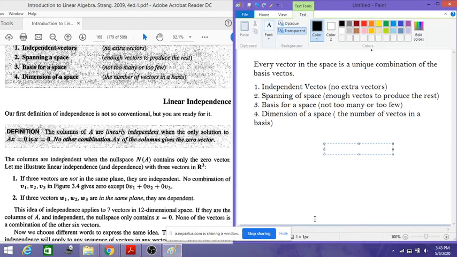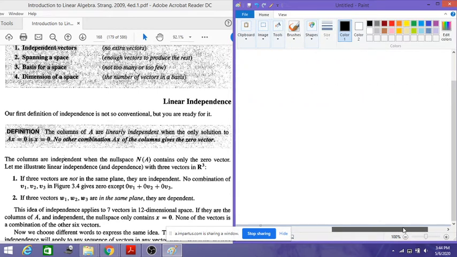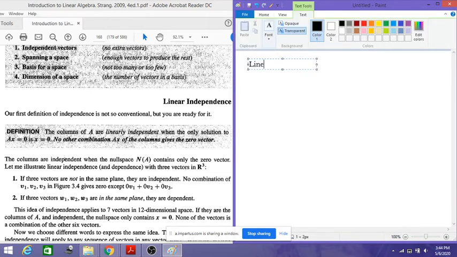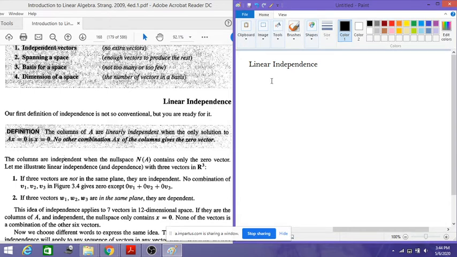Now let us see the definition of linear independence. What is the meaning of linear independence? The columns of A are linearly independent when the only solution to Ax = 0 is x = 0. No other combination Ax of the columns gives the zero vector.